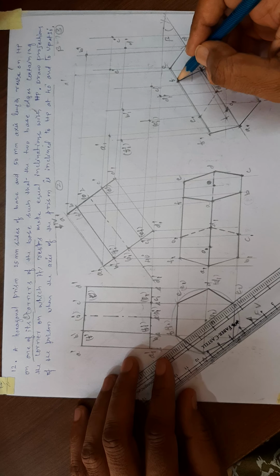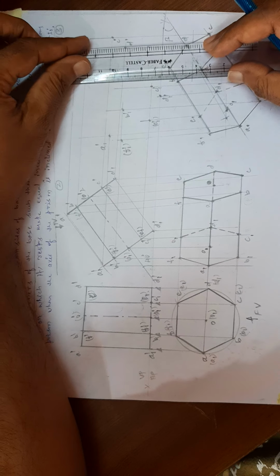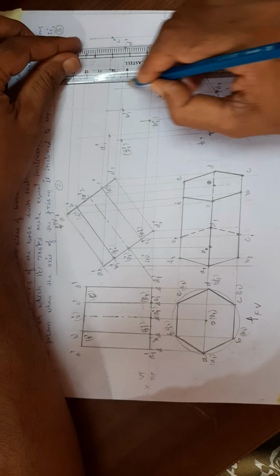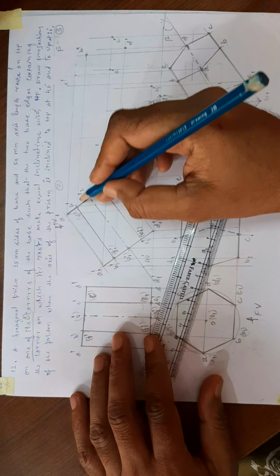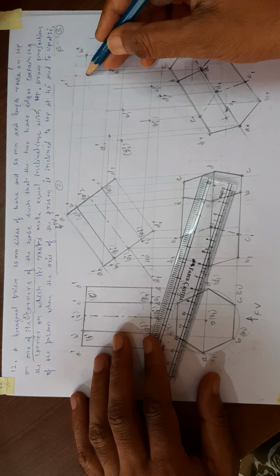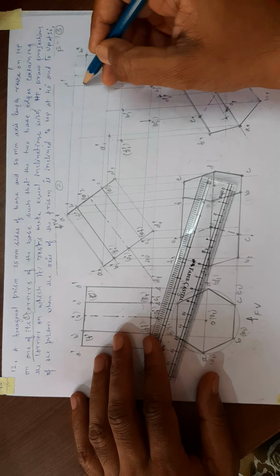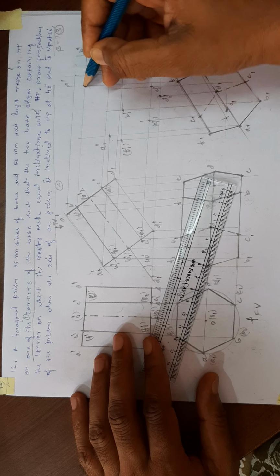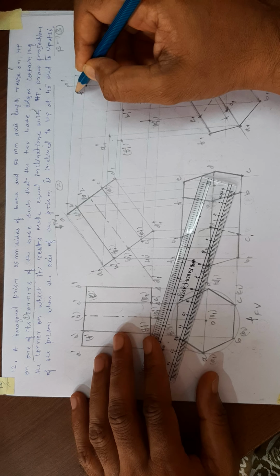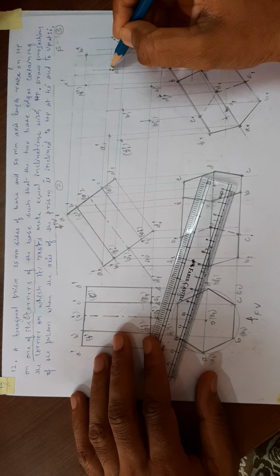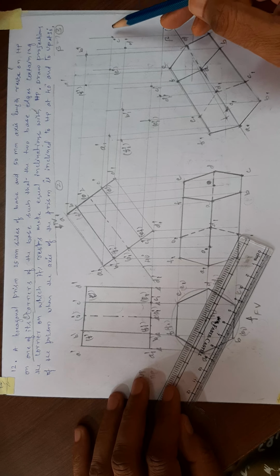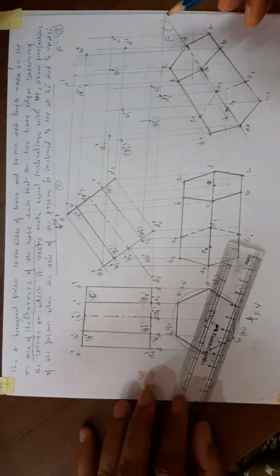Then vertical projector line from the F, so horizontal projector line from the F dash. That is here. So this is F dash in the bracket, E dash in the bracket. So all points over A, B, C, D, E, F.